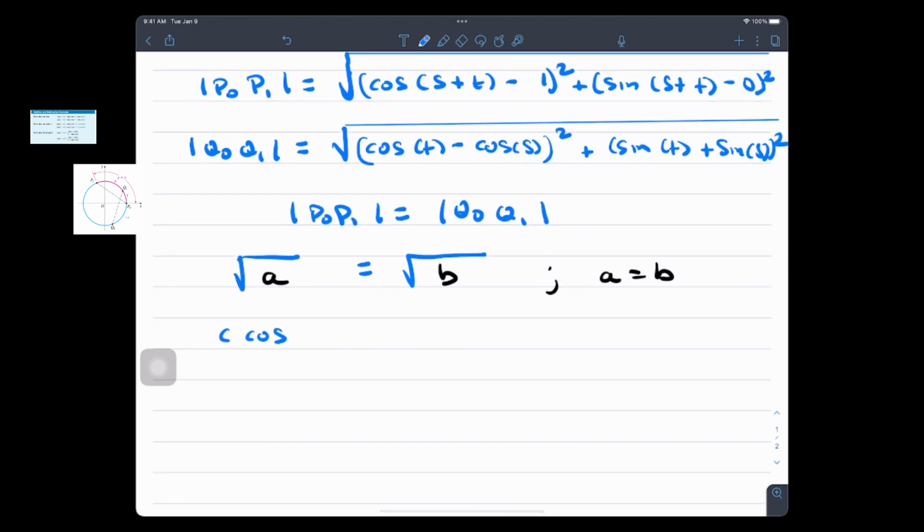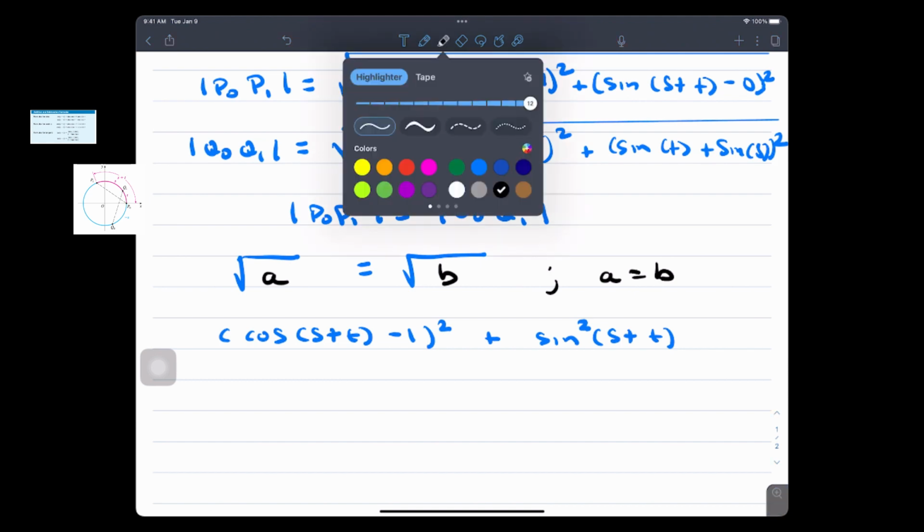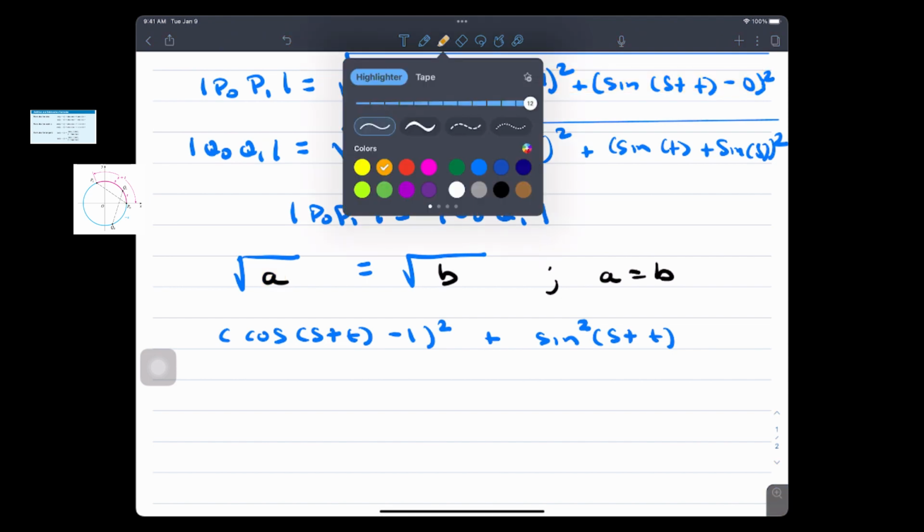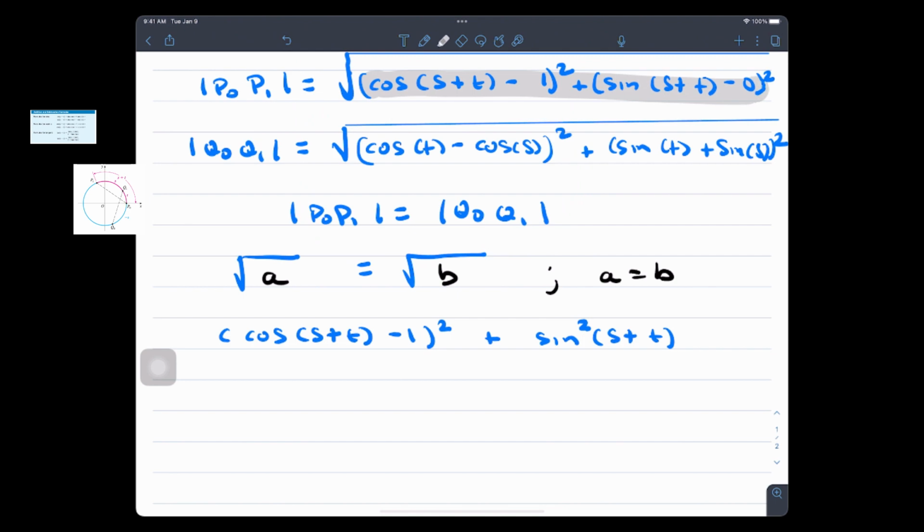And so we see cosine of s plus t minus 1, squared, plus sine of s plus t, squared. That's the first part right up in here, under that first radical. This is what we're saying is A. And maybe we'll use different colors. We'll use gray. And this is gold.